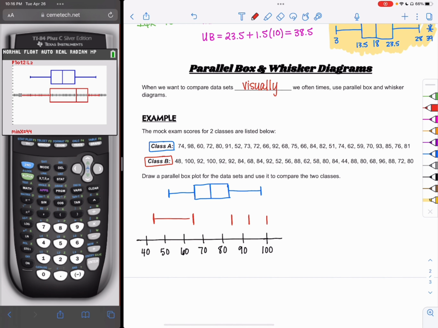Now I'm going to make my whiskers, and then I can make my box here. All right, so this is a rough sketch of what I'm dealing with.